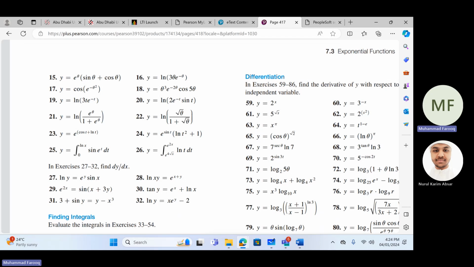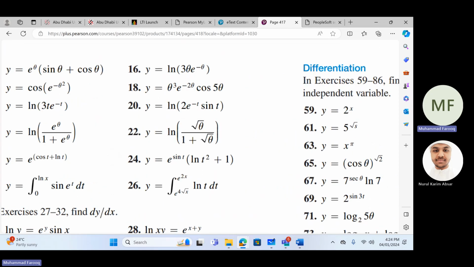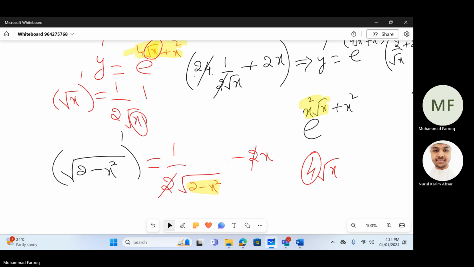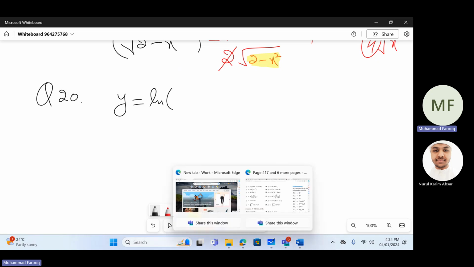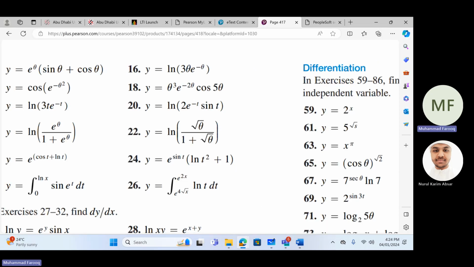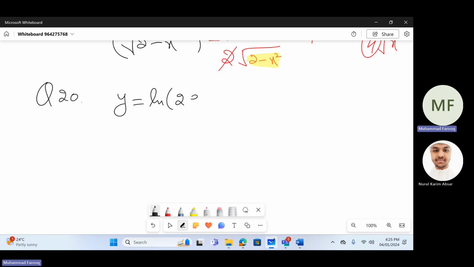Okay, 7.3, question number 20: y is equal to ln of the argument 2 times e power minus t times sine t. Find y prime.